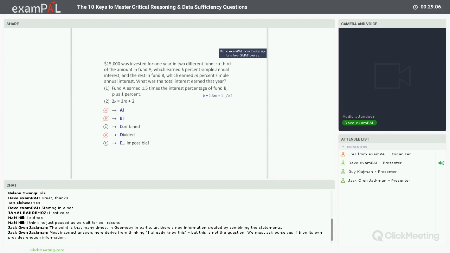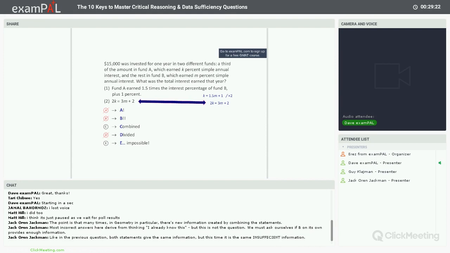So let's multiply statement number 1 by 2 in order to get full integers, and then we get 2K equals 3M plus 2, which is exactly the same as statement number 2. Meaning 2 doesn't add information at all. It just repeats what we already know. And since 1 wasn't enough to solve on its own, combining the statement with itself doesn't help. And thus the answer here is E, impossible.